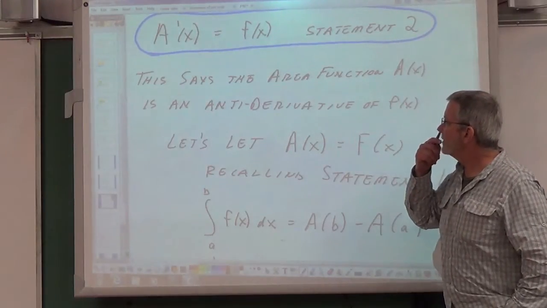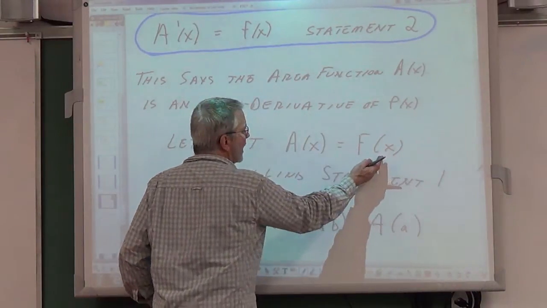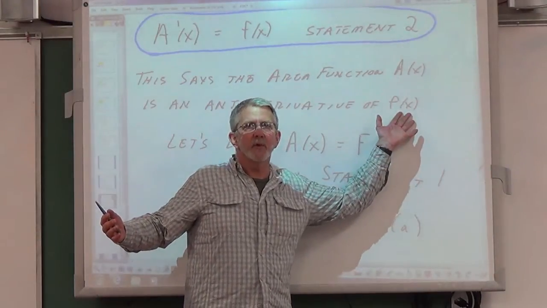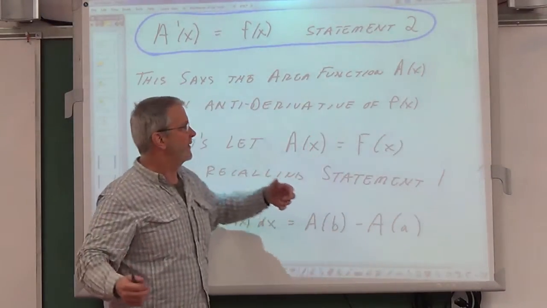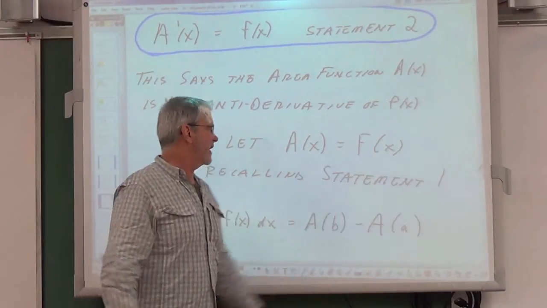Well, let us let a of x equal f of x, because when we usually talk about the antiderivative of little f of x, we usually talk about capital F of x. Well, let's let this a of x be capital F of x.